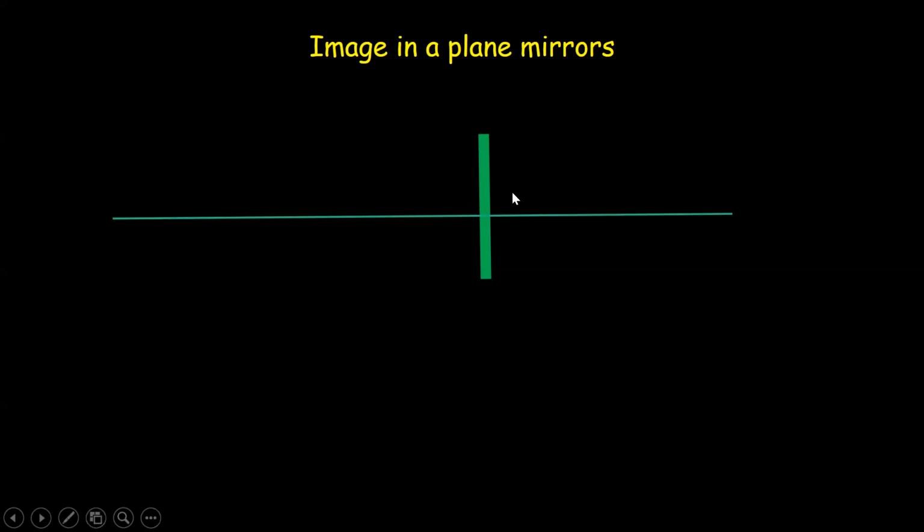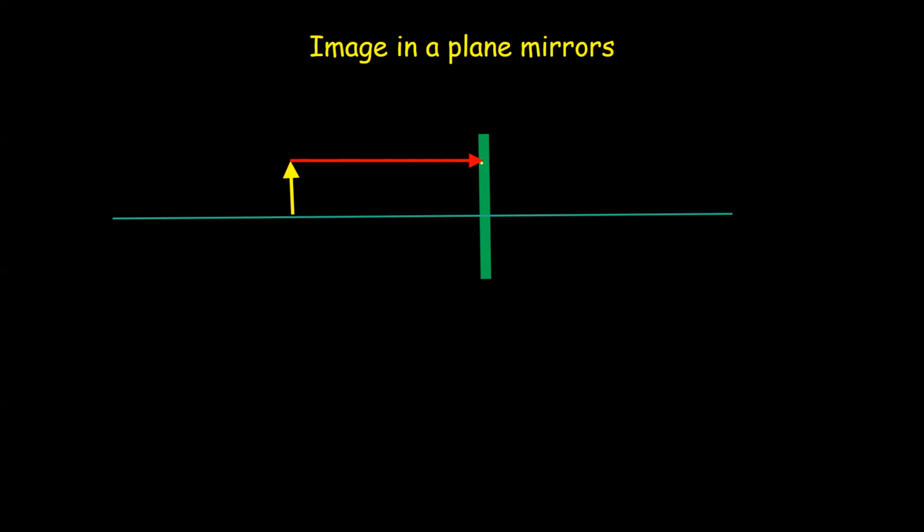After that, we draw the principal axis, and then one arrow as our object. Then we shine light from the tip of the object, the arrow. As you can see, this light is parallel to the mirror, and this is not a curved mirror. So remember the law of reflection.